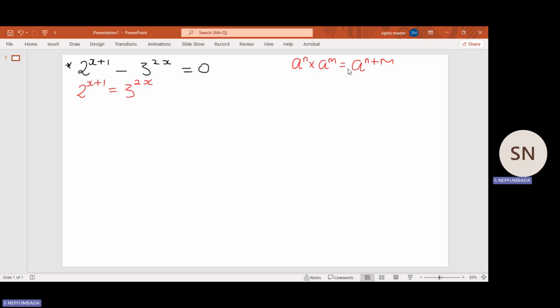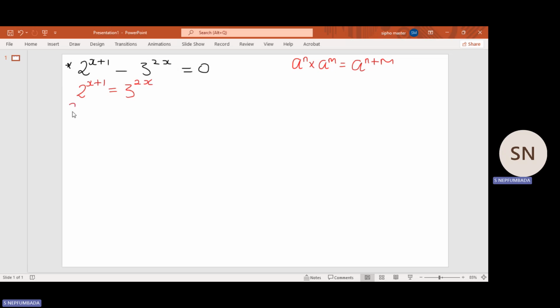Now we want to reverse from that addition of the exponents back to a to the n times a to the m, where a is raised to the power n and a is raised to the power m.